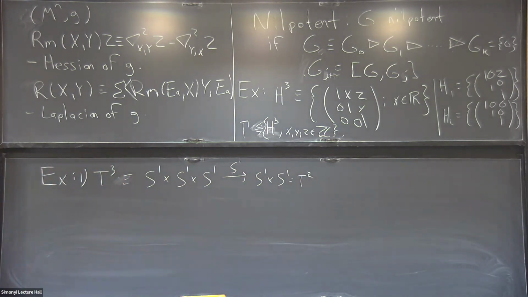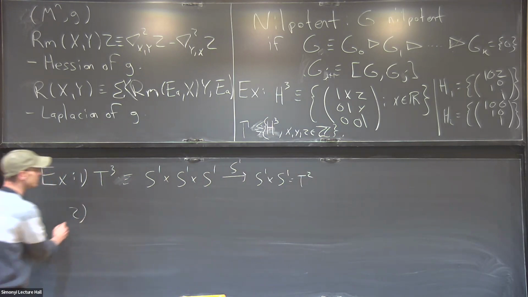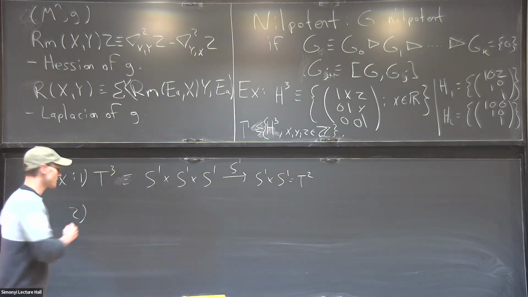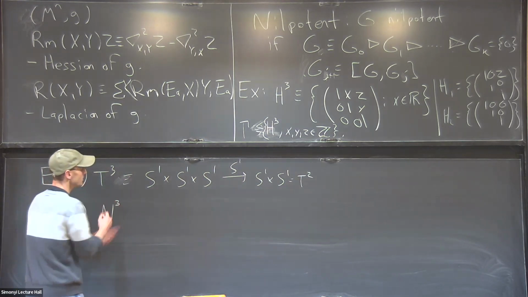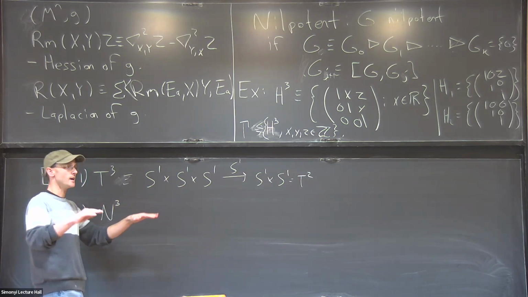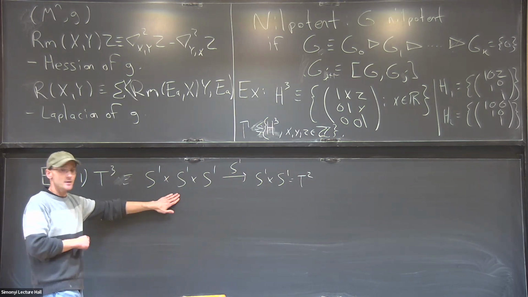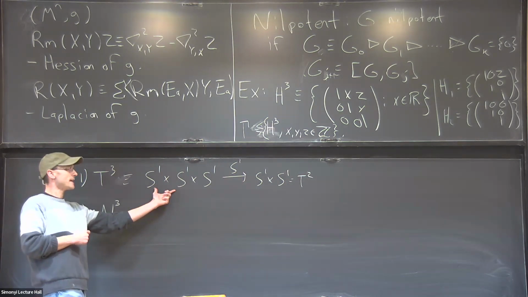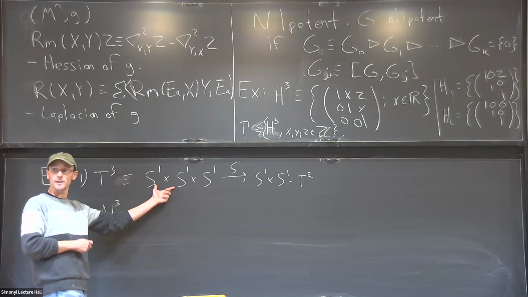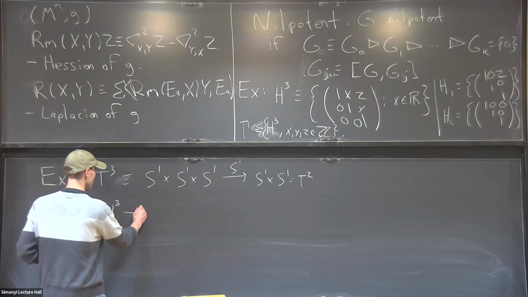If I'm trying to build a space with small curvature, and I don't care about 0 curvature, the game you can play is to look at another S1 bundle over the 2 torus. The 2 torus has basically 2 S1 bundles: there's the trivial one, and there's the primitive one. It has a 2 cohomology class, just its volume form, that has a non-trivial circle bundle over it. So let's build that circle bundle because it's fun.